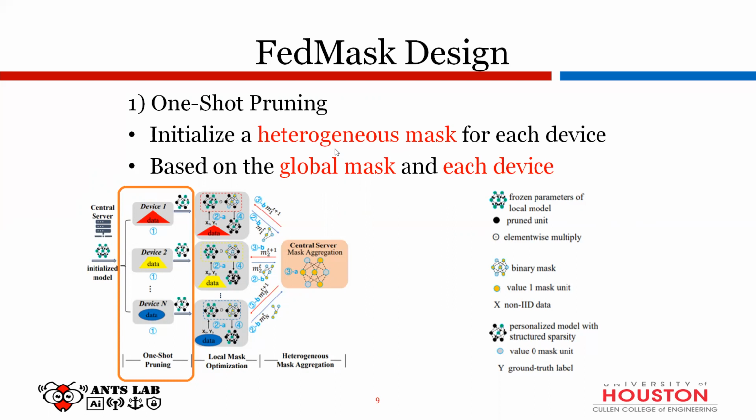It's based on the characteristics of each device, and the mask they determine. So what one-shot pruning does here is create a heterogeneous mask for the device to perform the optimization later on, which is shown here.